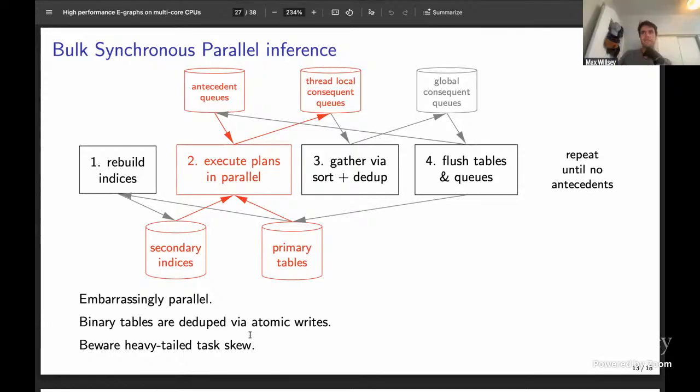What's a task? It's a single antecedent that gets pulled off this queue and executes through one compiled rule. But actually, the compiler has a fusion stage, so those programs end up being trees, and the biggest of those is thousands of nodes. It's a big program. Okay.